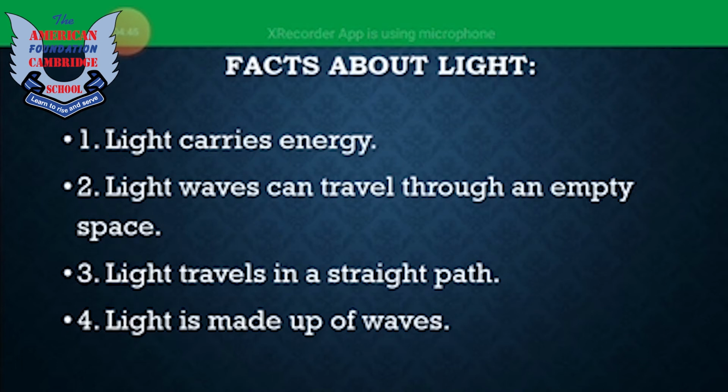Light belongs to the family of electromagnetic waves because it has electrical and magnetic vibrations, and these vibrations are perpendicular to each other. That's why we can conclude light is a form of electromagnetic wave. Let me tell you one more thing.